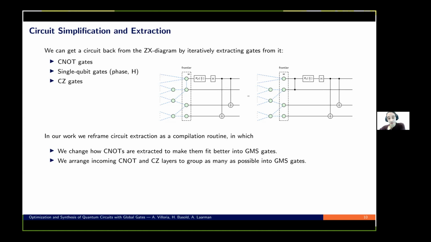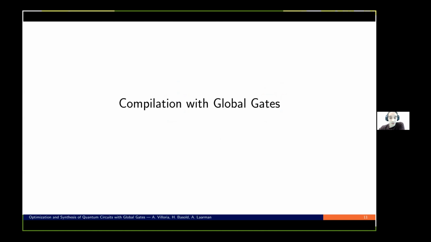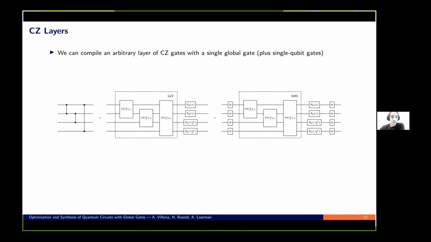And then other gates, such as the control Z and the single qubit gates, we will move around, doing peephole rewrites in order to compile things better. So let's see in more detail which circuit identities we're going to be using.